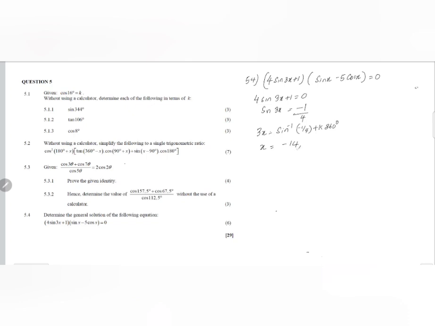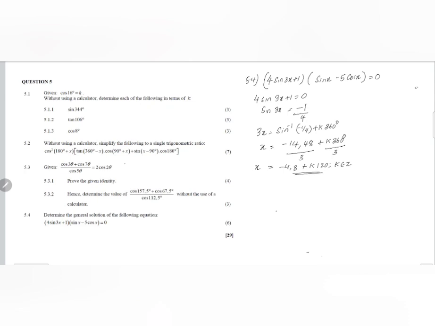Minus 14.48 plus k 360, and because we are finding the value of x, divide all of them by 3. That is, this one divided by 3, this one divided by 3. So the x value is minus 14.48 over 3, which is going to be minus 4.8 plus k 120, where k is an element of Z.